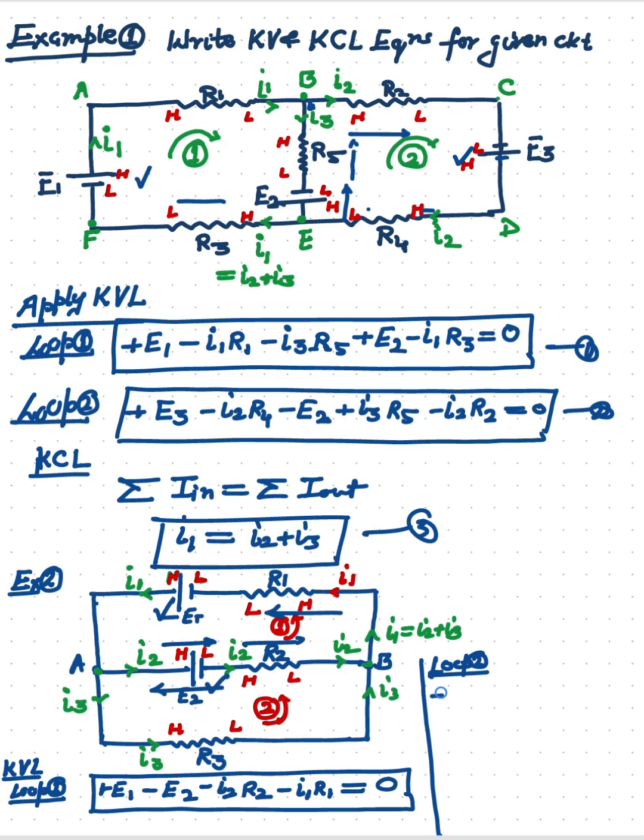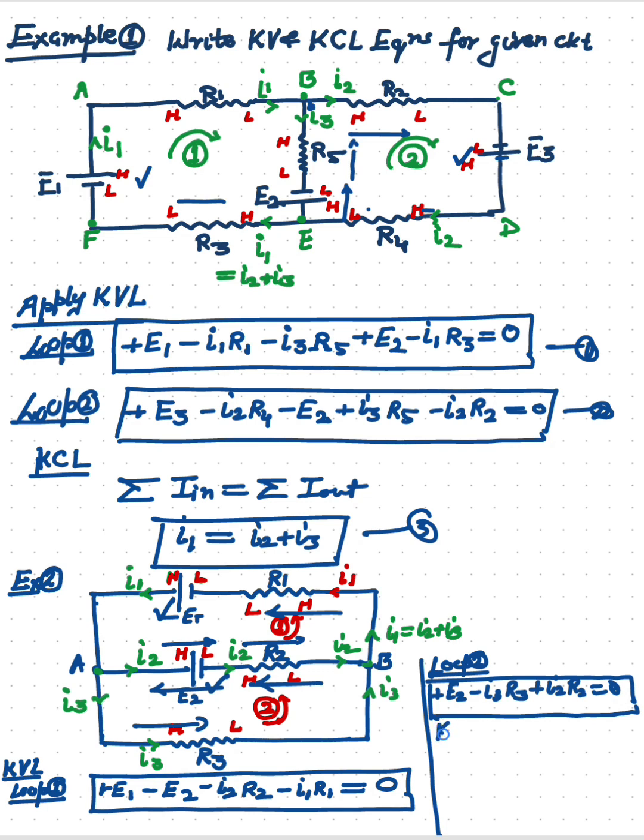Positive plus E2. Then here across R3 we are again traversing high to low, so minus I3 R3. And come here across R2 we are traversing low to high, so plus I2 R2 equals to 0. So this is the KVL equation for loop 2.